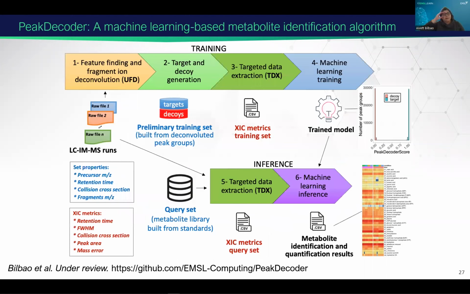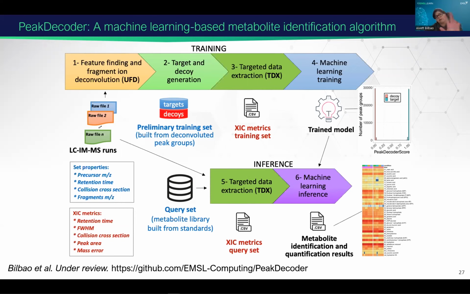And specifically for this algorithm called Peak Decoder that I developed, what we are doing is taking this data and processing it in multiple ways to extract as much information as we can and do confident metabolite identification.